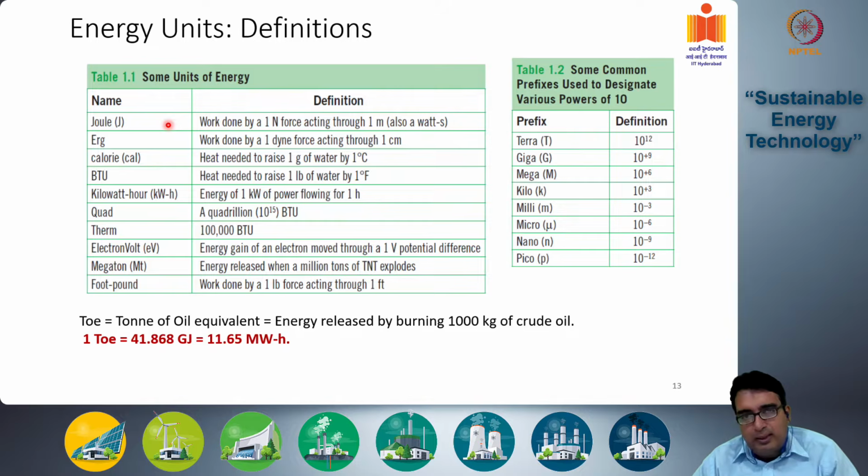It's the work done by 1 Newton of force which acts over a distance of 1 meter. If you think of it in terms of power, 1 joule is also watt second, because watt is joules per second, the rate of production or consumption of energy. So that is the SI, or the standard unit of energy.